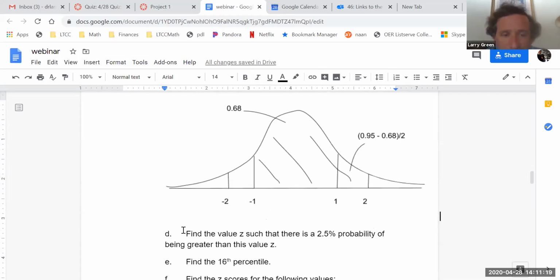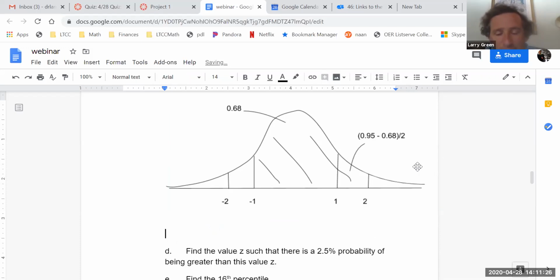Okay, so now we just finish it off. What we can say is this probability that -1 is less than z is less than 2 is going to be equal to 0.68 plus 0.95 minus 0.68 over 2.